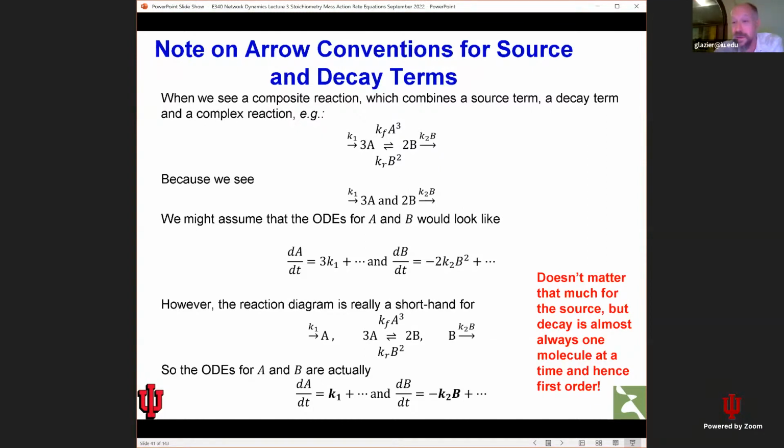If 2B goes to nothing at a rate kb times K2 times b, you might expect that dB/dt is -2, using the stoichiometric rules that I just wrote down.